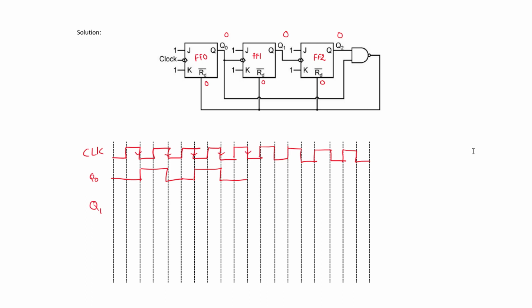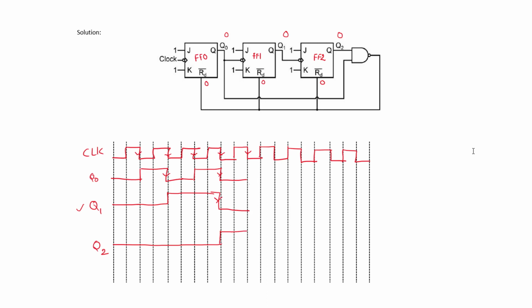For flip-flop 1, Q0 is the clock signal, so at the negative clock transition of Q0, the output of Q1 will be toggled. Similarly for flip-flop 2, the clock input is Q1, so at the negative clock transition of Q1, the output of Q2 will be toggled.